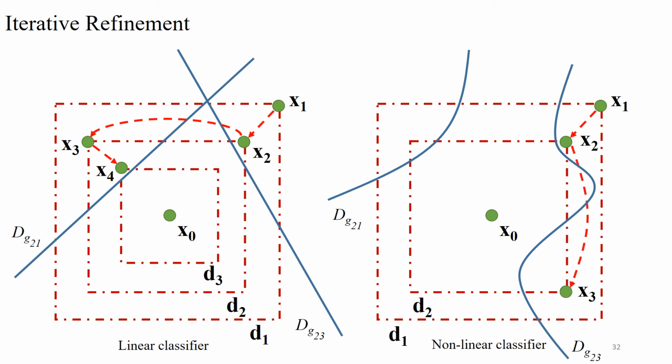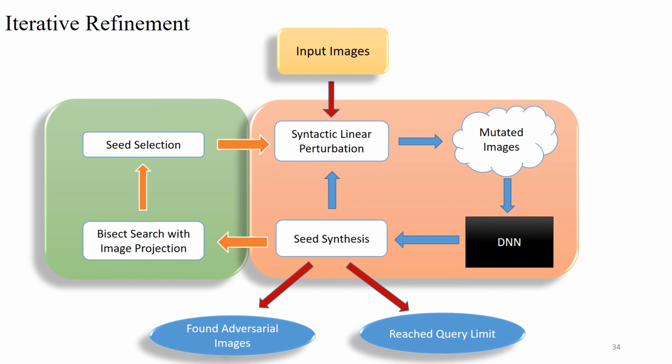Starting from x2, we find another adversarial example x3 at the same distance from x0 through feedback-directed fuzzing. Finally, we find x4 through bisect search, which is the adversarial example with the lowest distortion we can find. The iterative refinement approach of DeepSearch can effectively reduce the average distortion of adversarial examples.